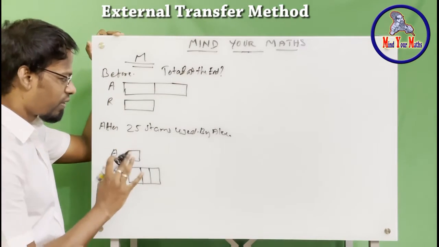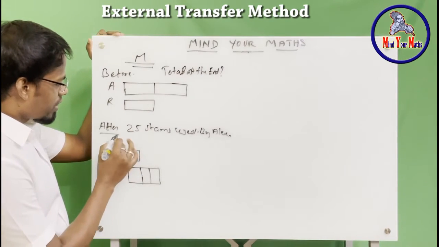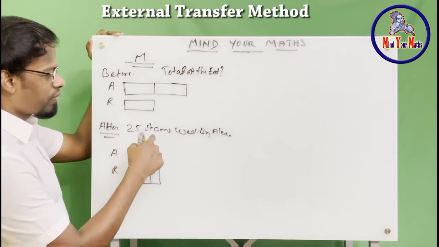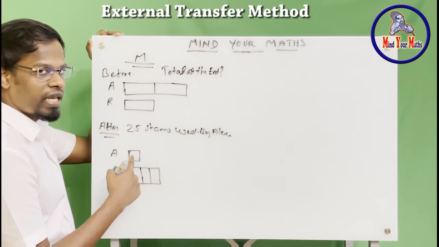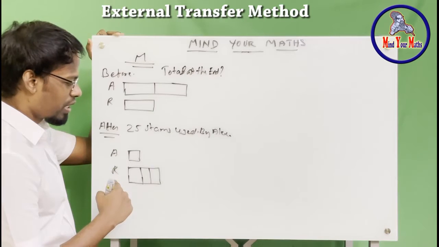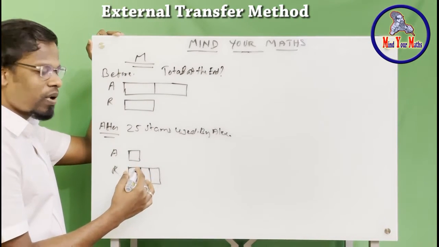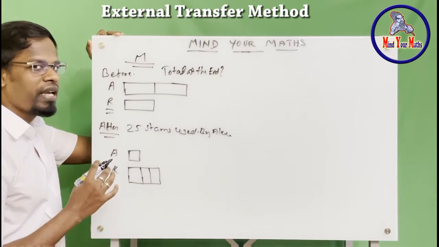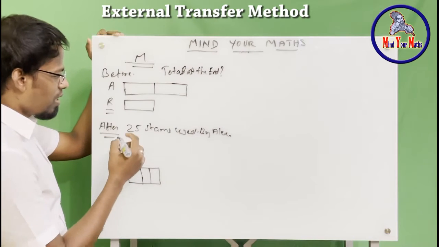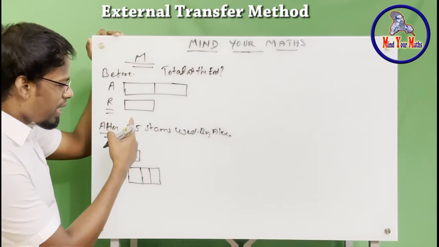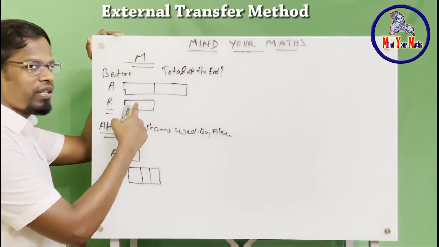Okay, so now let's understand from it that after 25 stamps were used by Alex, Alex's unit became smaller than Ravi's unit. But in all this scenario, you notice one thing: Ravi has not used any of his stamps. You got it? So what it means is that these 3 units are equal to this 1 unit.